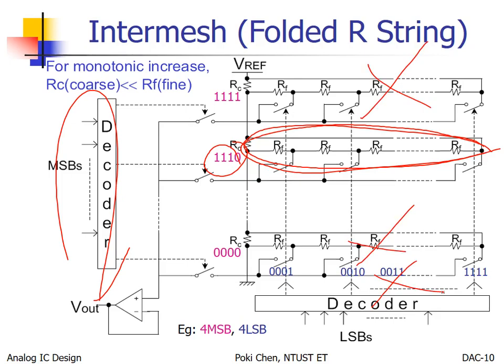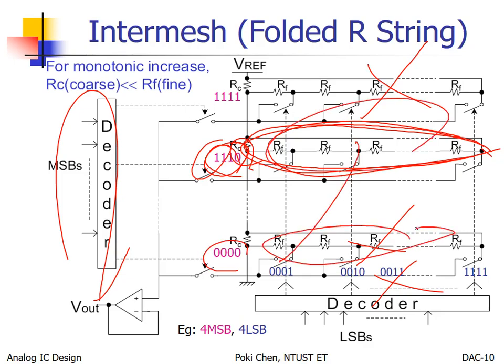So if I am the God, I check the MSB. I only need to have 1 fine string, right? If this one is selected, then I attach the R string to this RC. If the MSB is here, so I move the R string here, right? In this way, I can get rid of all the other R strings.